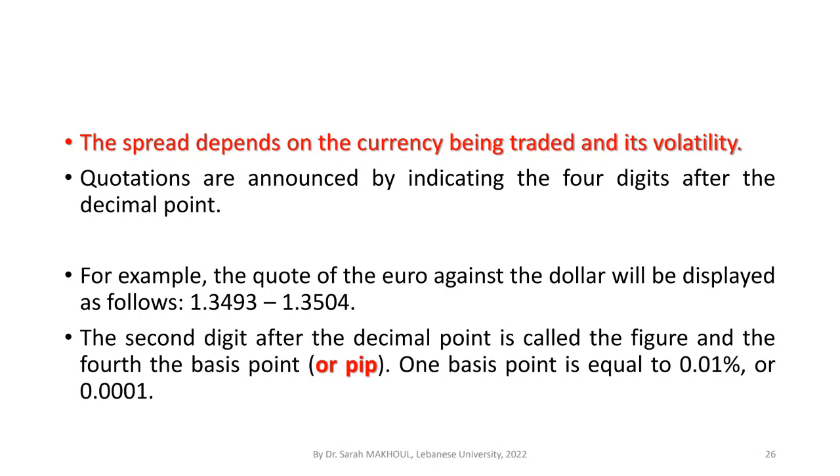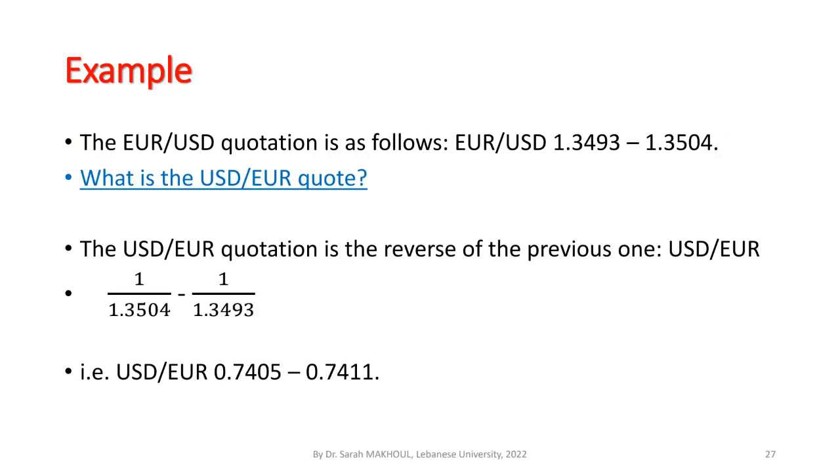The second digit after the decimal point is called the figure, and the fourth, the basis point, is called the pip, which equals 0.01% or 0.0001.